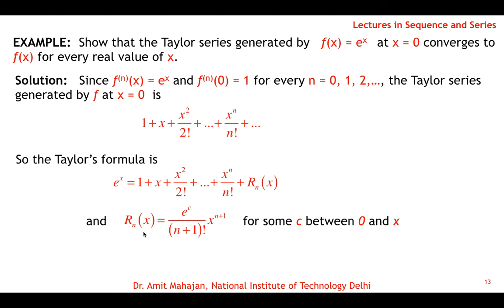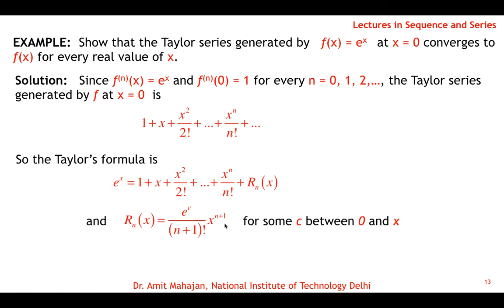So Rn(x) is x to the power n+1 over (n+1) factorial into the (n+1)th derivative at some point c, where c lies between a and x, so between 0 and x. And because the (n+1)th derivative of e to the power x is also e to the power x, at c it is simply e to the power c, so we get e to the power c by (n+1) factorial times x to the power n+1.